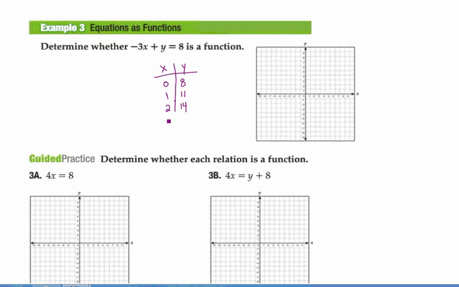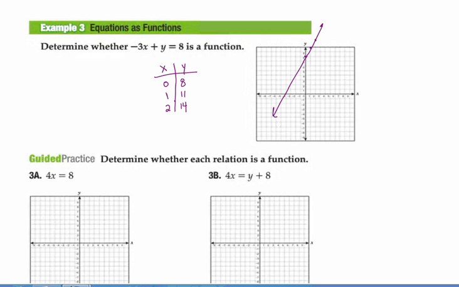A lot of times we use 3 values just to make sure that each one of them is correct. And then I'm going to go ahead and plot those: 0, 8, 1, 11, and it looks like I'm off the charts on this one of 2 and 14. Looks like this is a pretty linear equation, and it should be, because we're dealing with those 2 variables and they're both to the power of 1.